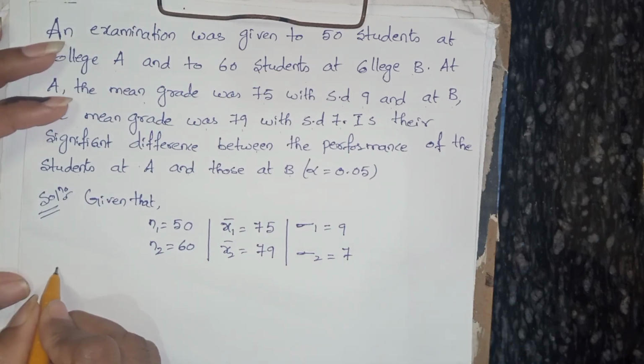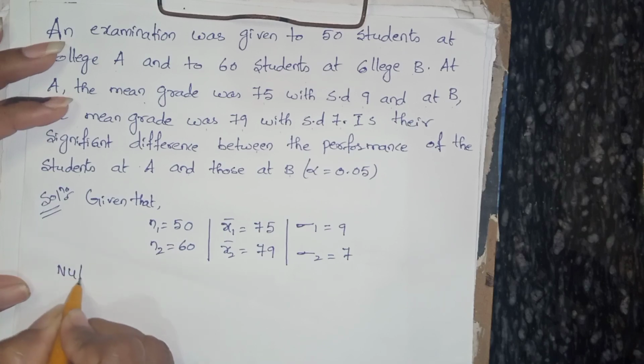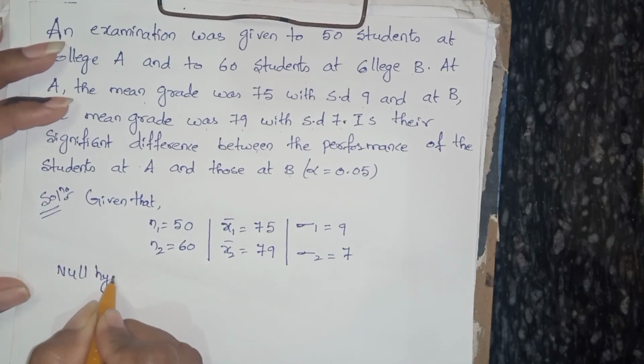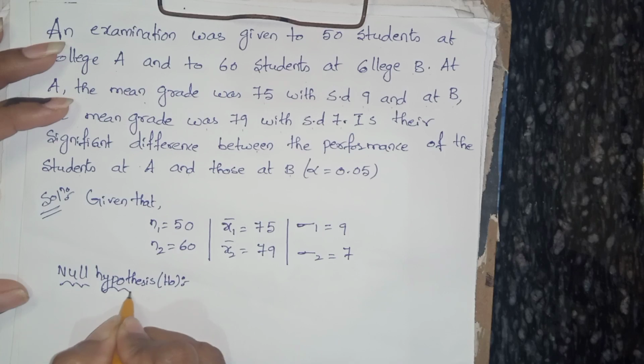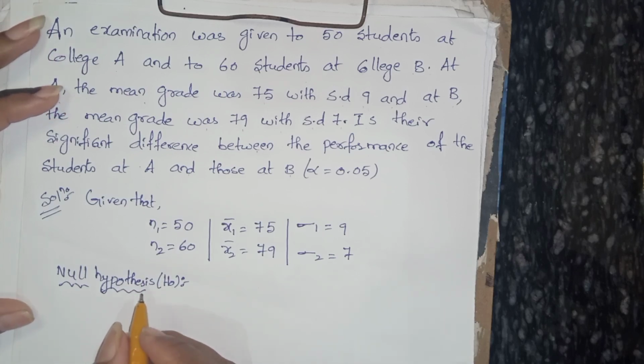First we will write the null hypothesis. It is denoted with H naught. For the null hypothesis, we have to treat it as x1 bar equals x2 bar.